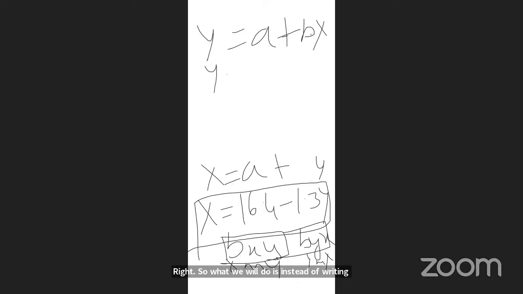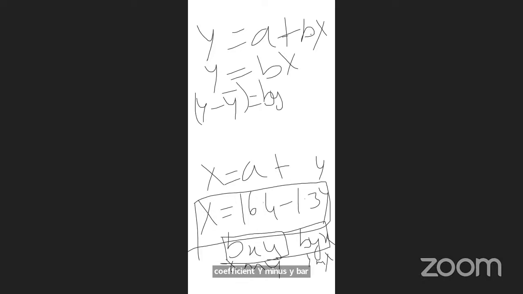See, if y is equal to a plus bx, right? So what we will do is, instead of writing a, a is always equal to 0, we will say y is equal to bx. So b stands for the coefficient: y minus y bar is equal to byx, the regression coefficient, into x minus x bar.